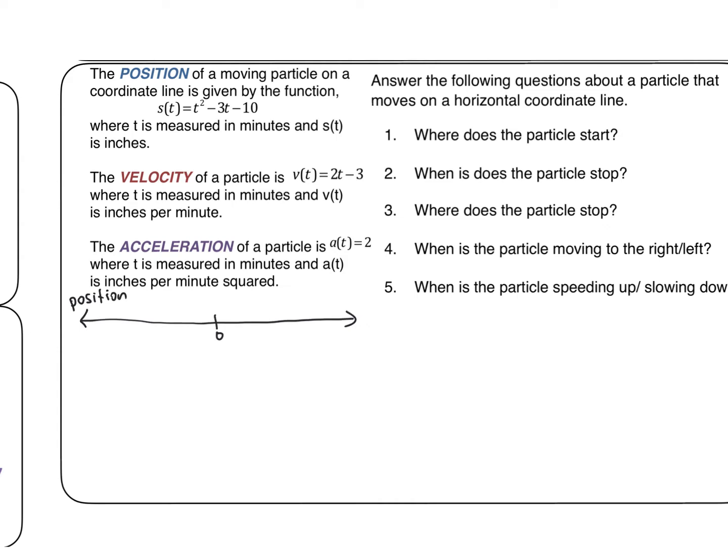Now when we say a particle, it could be anything that is going to be moving back and forth on a number line, and you can think of it like maybe a squirrel on a telephone wire going back and forth. It has to do with the velocity and acceleration of the squirrel as it goes back and forth, depending on whatever it does. Okay, and we're going to unfurl that in a moment.